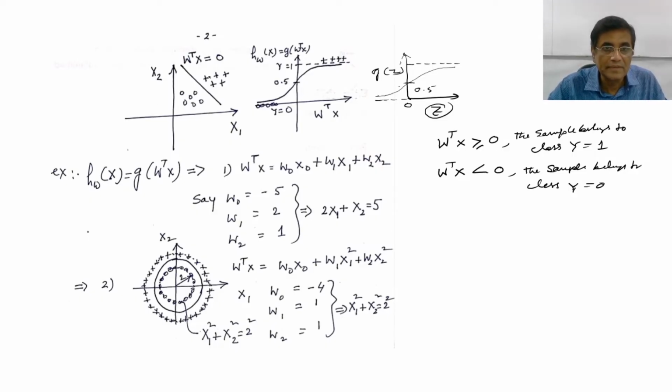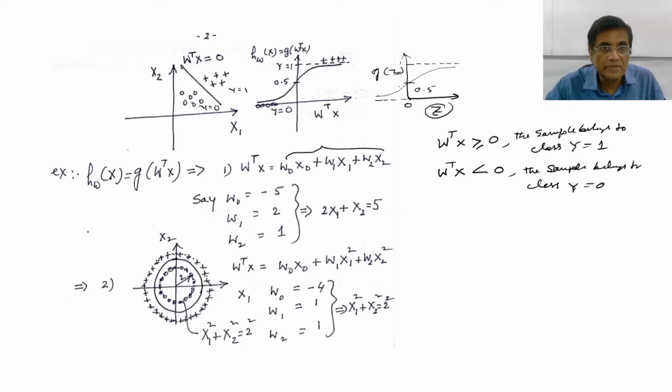Now suppose, pictorially, I am showing you I have two classes. This belongs to the y equal to 1 class. This belongs to the y equal to 0 class. Suppose now w transpose x is the predictor, and I am designing it. I have not yet talked about how to get this parameter, but suppose somehow the parameter is known, then you get this.